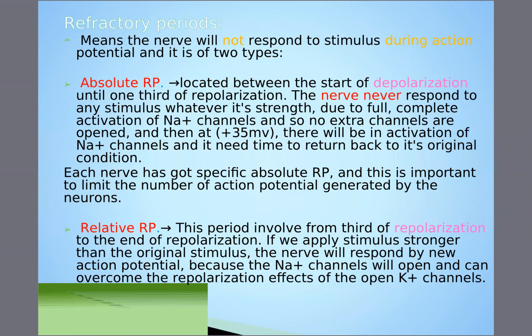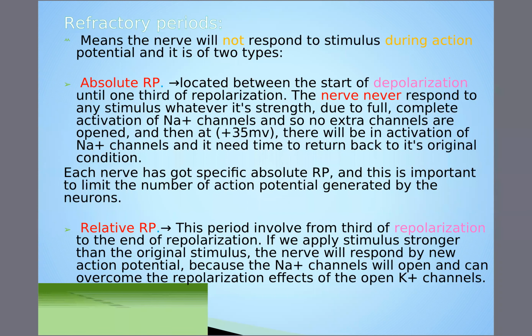The relative refractory period is the period from the third of repolarization to the end of repolarization. We said the absolute refractory period starts at depolarization and ends at the third of repolarization, while the relative refractory period starts from the third of repolarization to the end of repolarization.